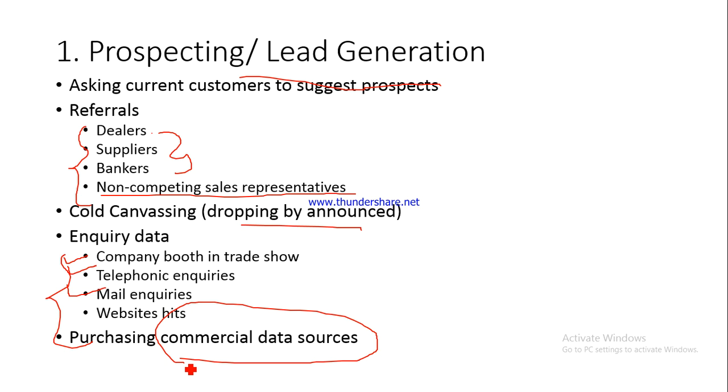These organizations collaborate with CBSE and UP board and Uttarakhand board and get the list of the students who have appeared in the class 12th exam, and then they would be ready to sell it to me, and I will have to pay for it. Once I have access to this data, I can call up these students so that I can convince them about taking admission in BBA. So this is what we mean by commercial data sources, right?